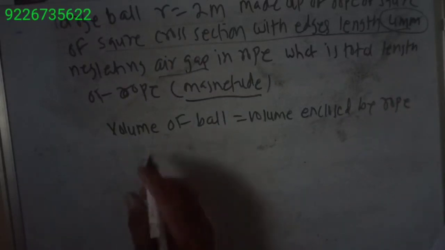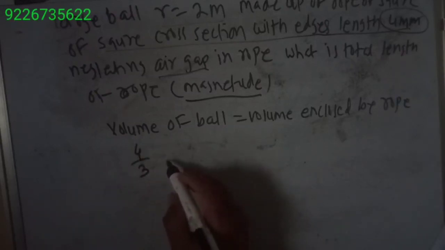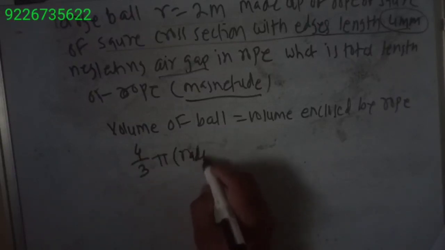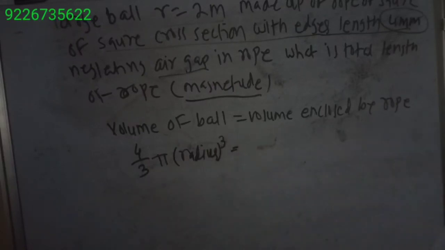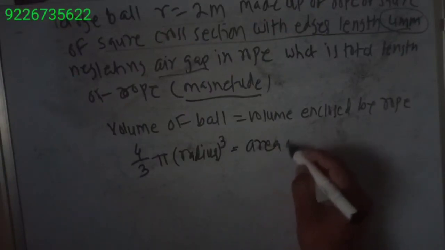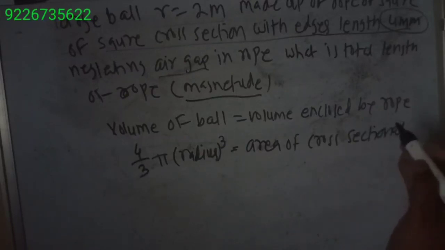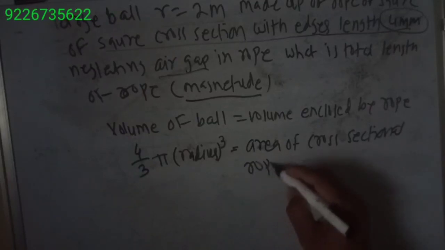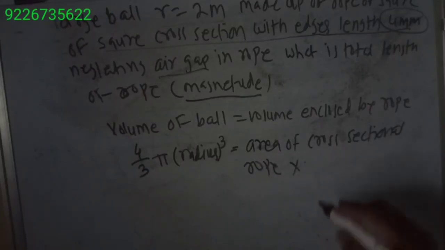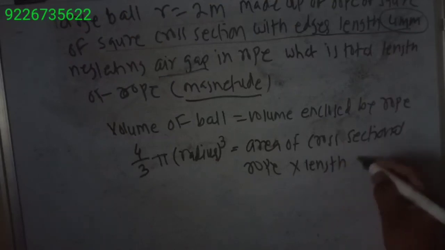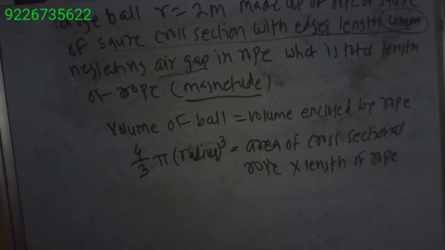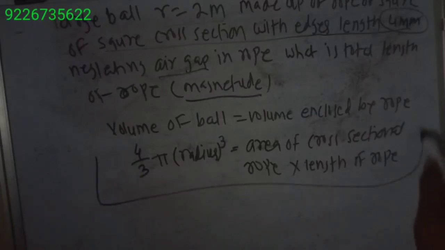So 4/3 pi r cube is equal to the area of cross section of rope multiplied by the length of rope. Okay, this is the formula.